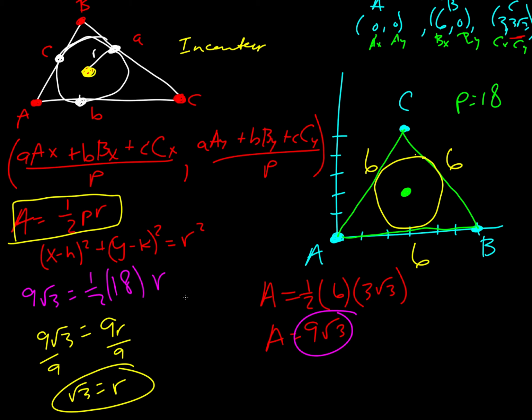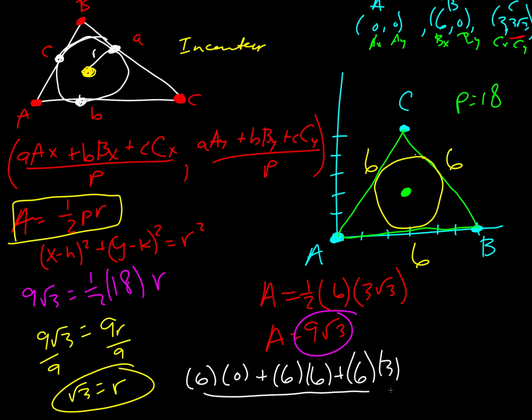Okay, so side A, it really doesn't matter because they're all 6, right? So we're going to say 6 times the x coordinate right there, which is 0, plus B, which is 6, and then the x coordinate of B, which is 6, and then C, which is also 6, and then the x coordinate of C, which is 3, and then our perimeter was 18. Okay, that's the first piece.